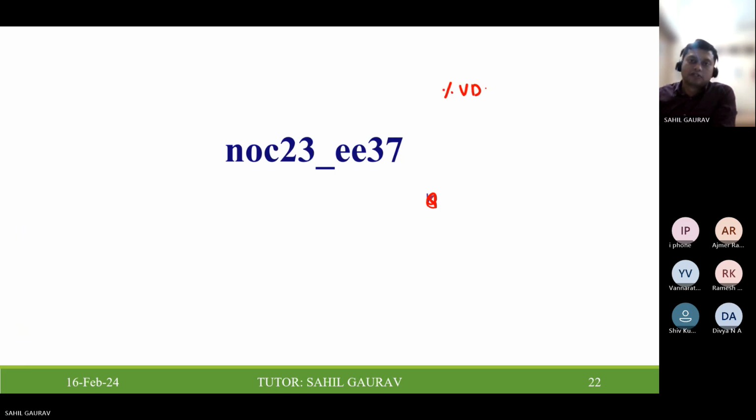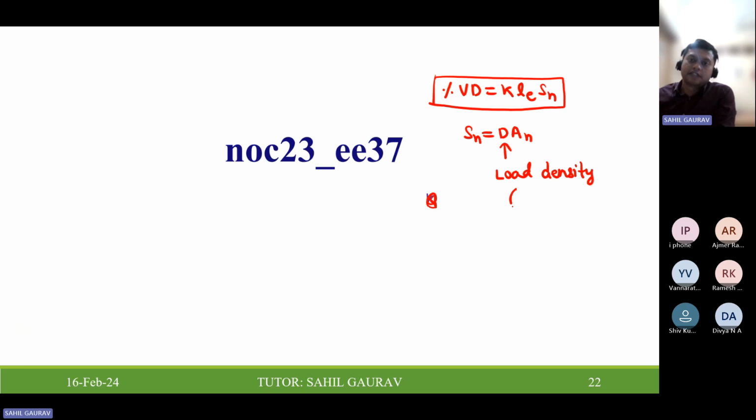We write percentage voltage drop as K into L into Sn, and in the Sn term we use the load density term, D into An. So here D is load density, and this is given as kVA per square kilometer.